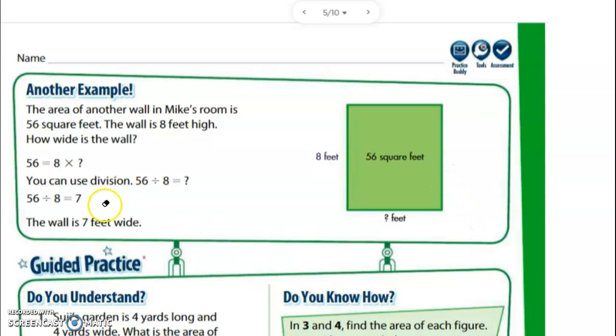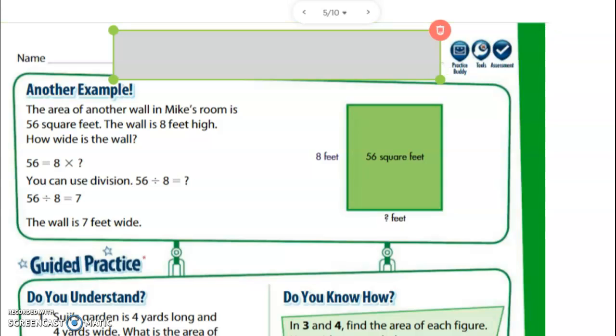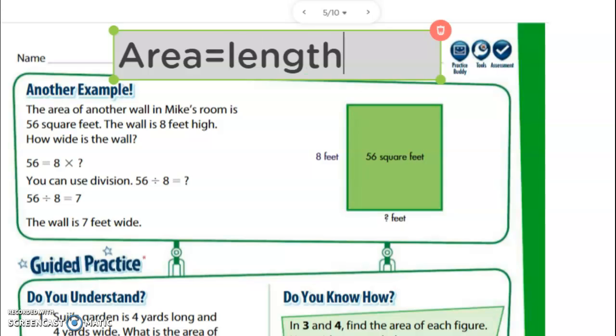We're going to practice using the length and the width to find missing sides and the area. At the top, I want you to write out how to find area. So write out that area equals length times width.